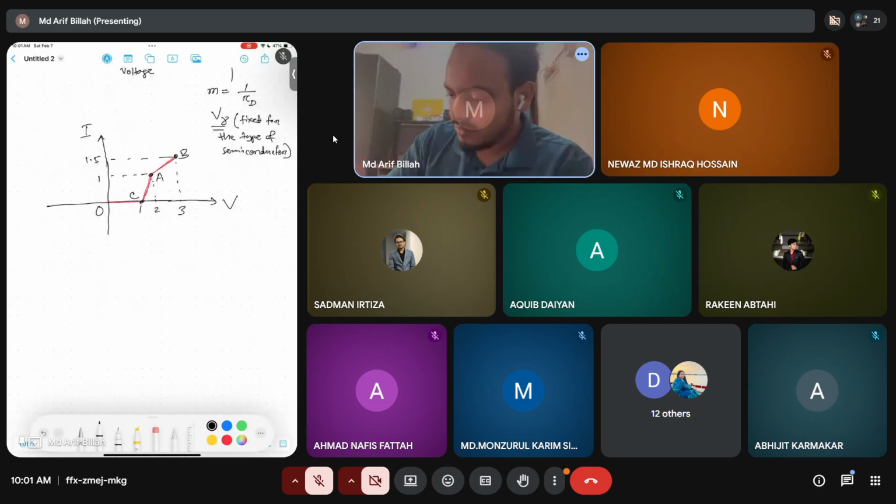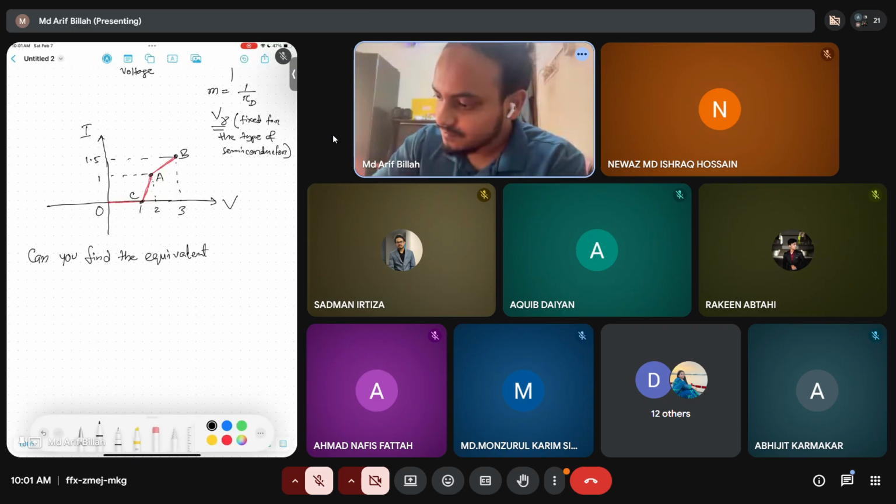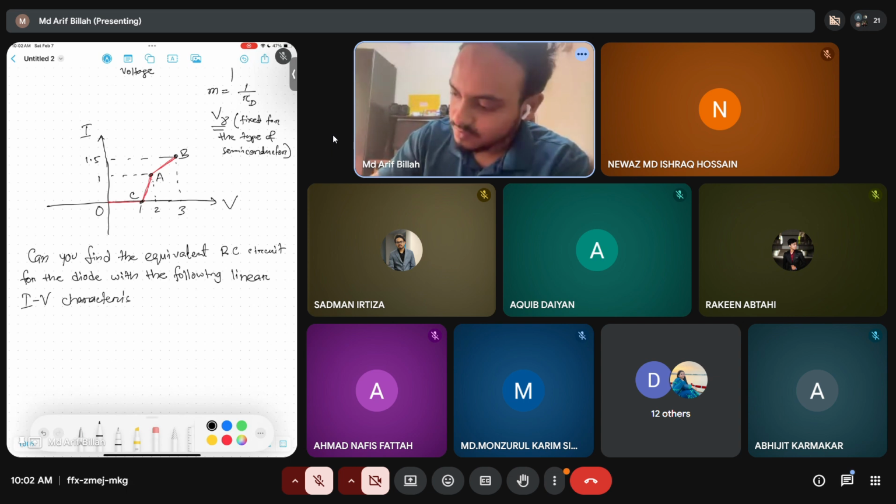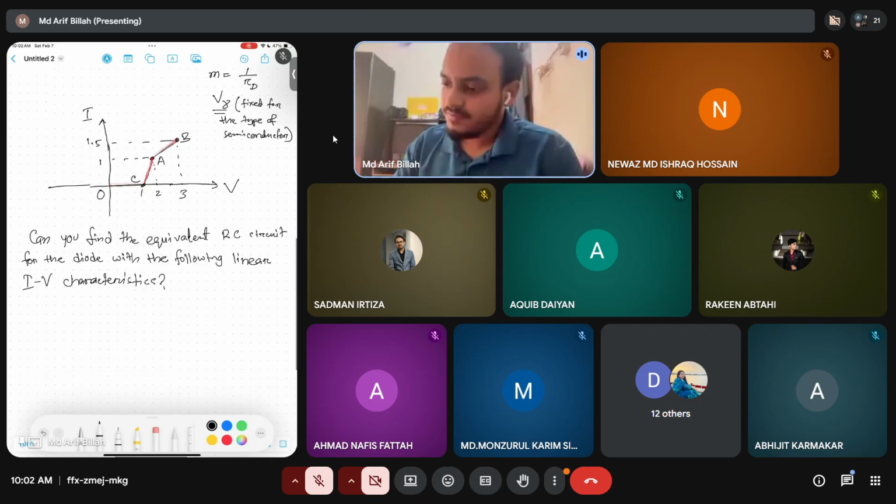Can you find the equivalent circuit for the diode with the following linear characteristics?